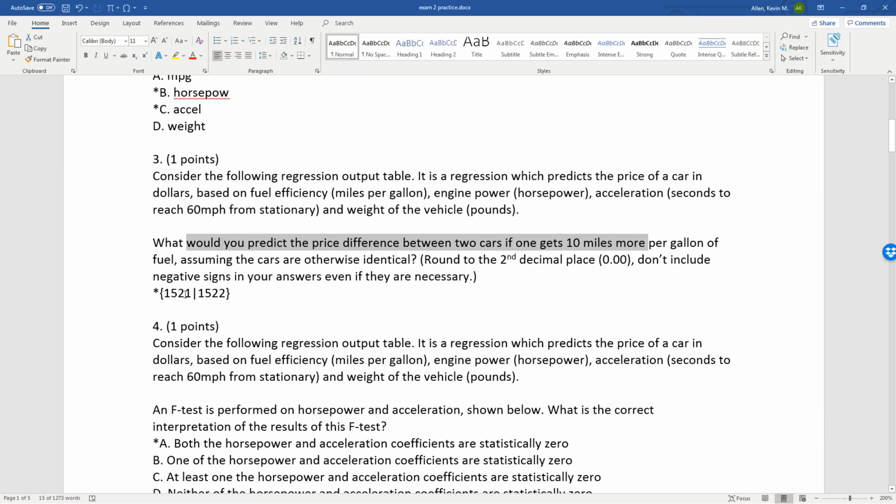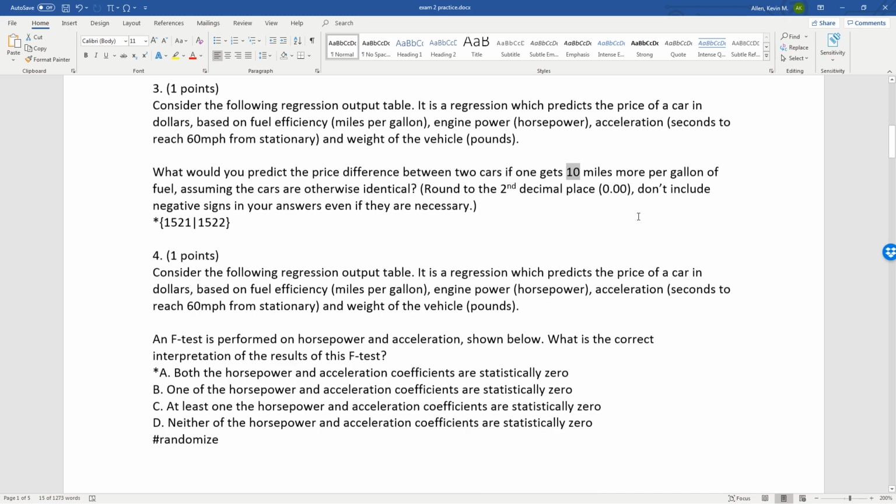And on the exam, I try to give ranges to make it a little bit less exact, so that you don't run into problems of missing points because of small rounding errors. In this one, though, not really necessary. You're just multiplying a number by 10, so you're just moving the decimal place over 1, but still.